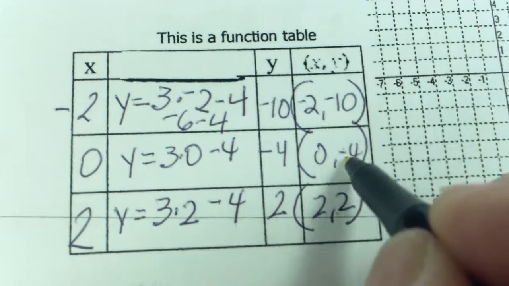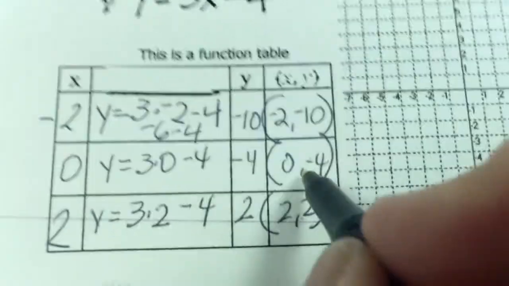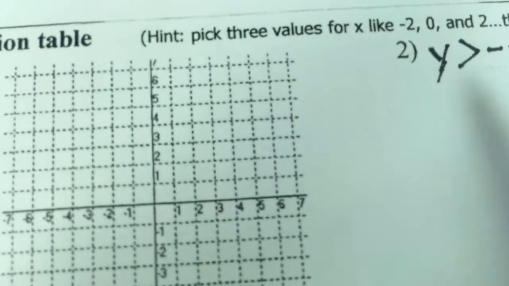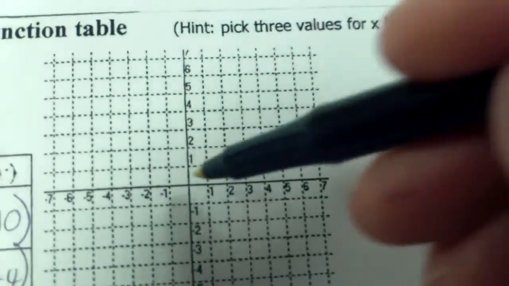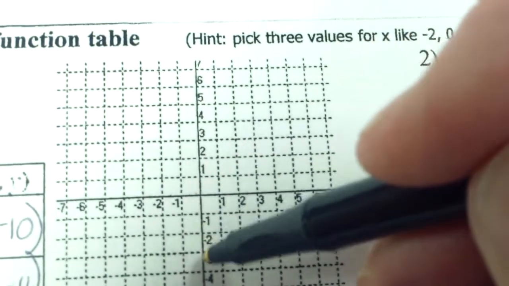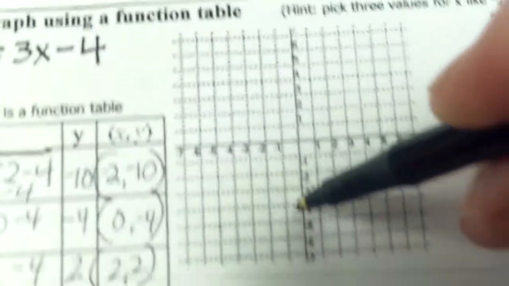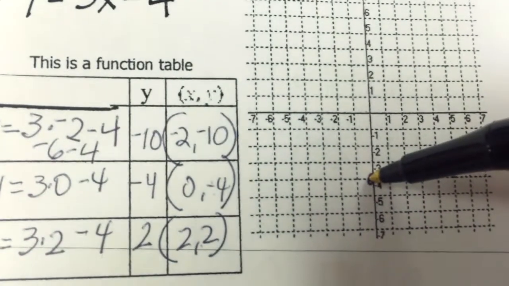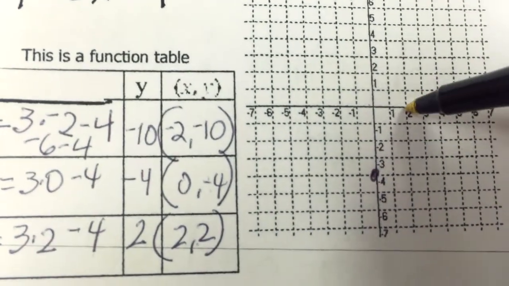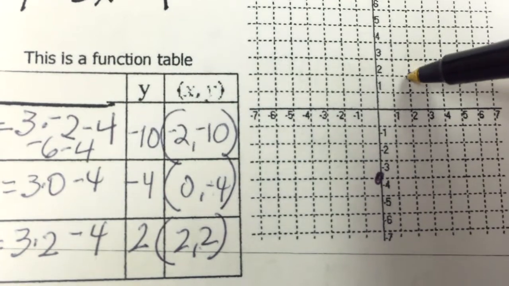I'm going to graph these two first because they're easily found on my graph. 0, -4 would be 0, -1, 2, 3, 4. And 2 would be 2, 2.